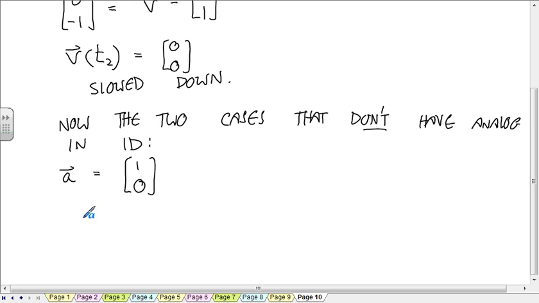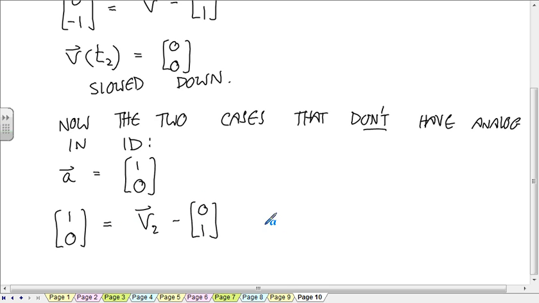Then go to the definition of acceleration. We have that 1, 0 is equal to v2 minus 0, 1.